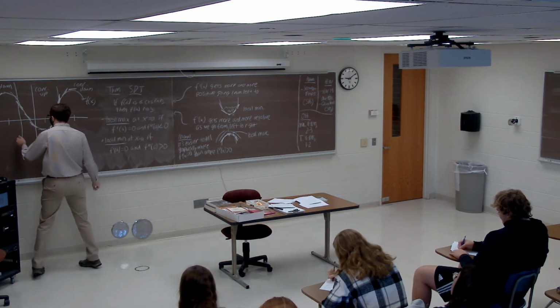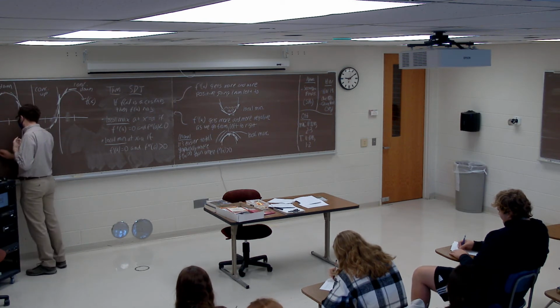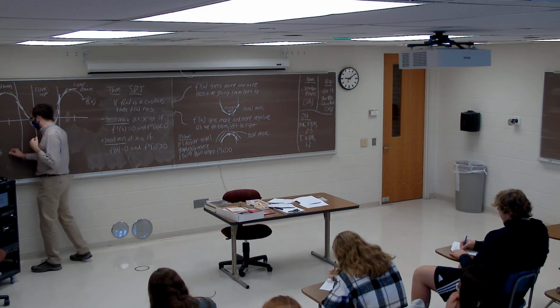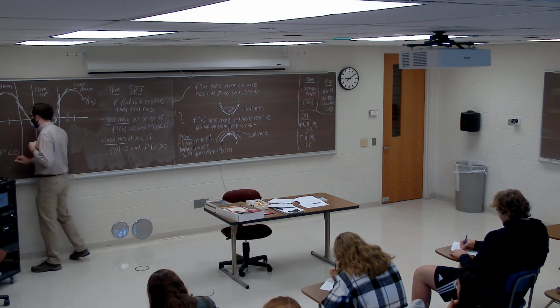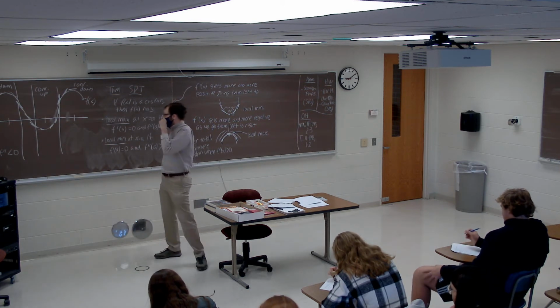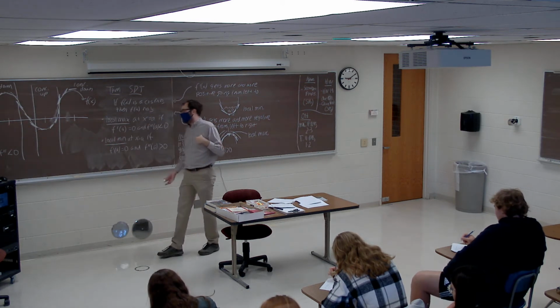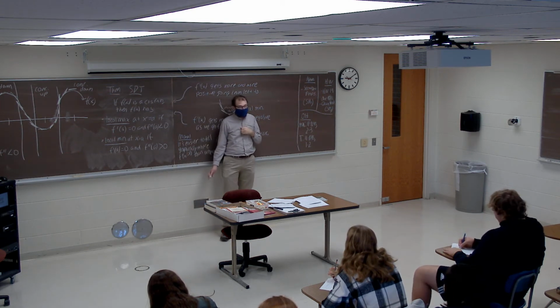So for instance, if we look at this interval on the left, where we said that our function is concave down, meaning f double prime is a negative number, at what value of x does it look like we're going to have a local max or a local min over that left-hand side of the graph?